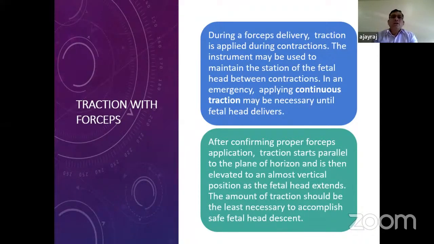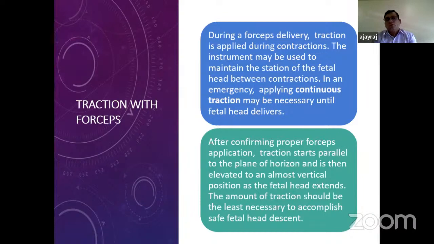In an emergency, applying continuous traction may be necessary until the fetal head delivers. In the last stage, even without contraction, we can gradually apply some force to deliver the fetal head. After confirming proper forceps application, traction starts parallel to the plane of the horizon.